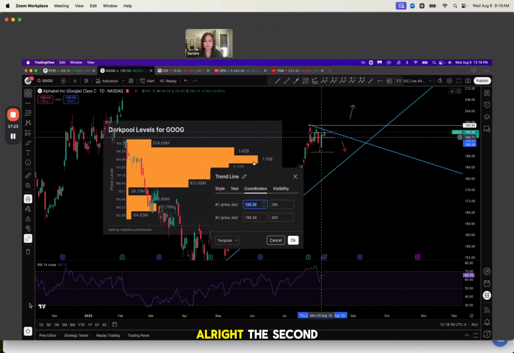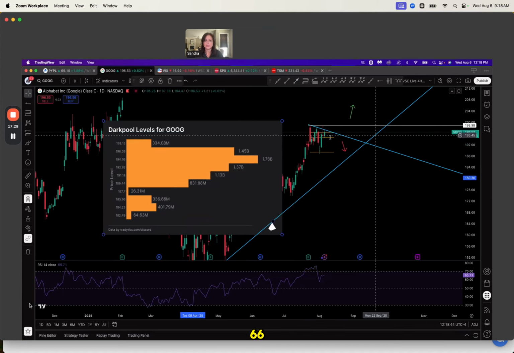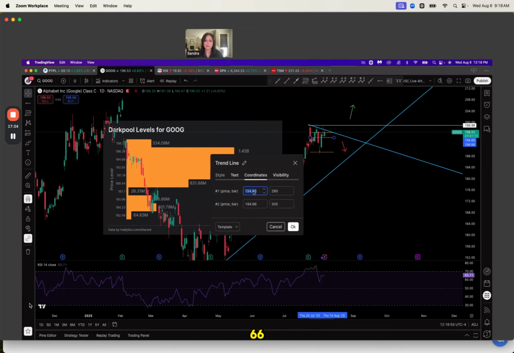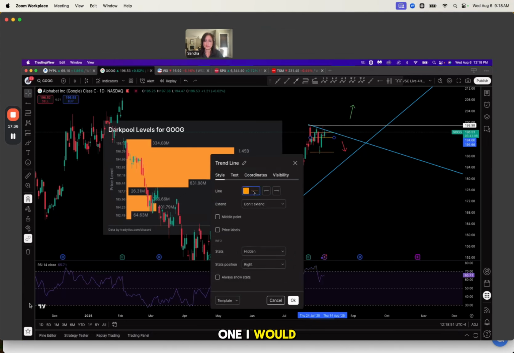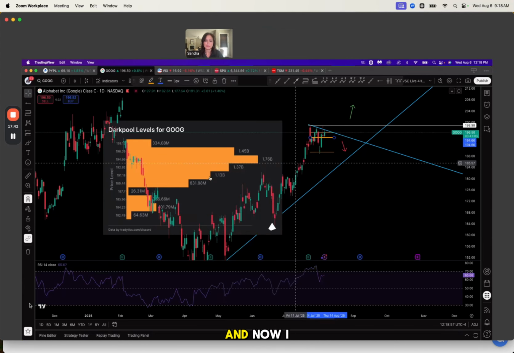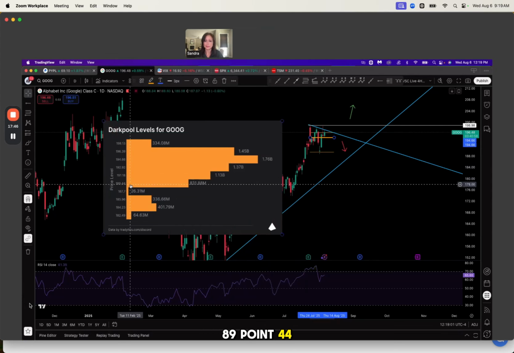The second one I'm integrating is the biggest, 194.66. This one would be located here. For that one, I would give it a bit more texture so I remember that it's the biggest. And now I will integrate the lowest one, 189.44, and I think it's here.